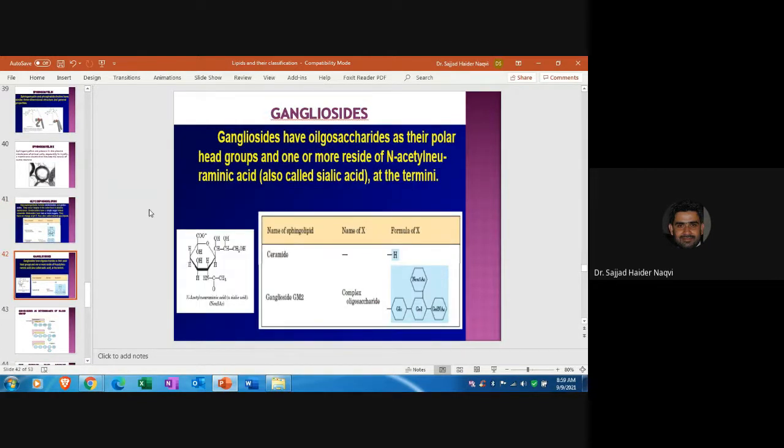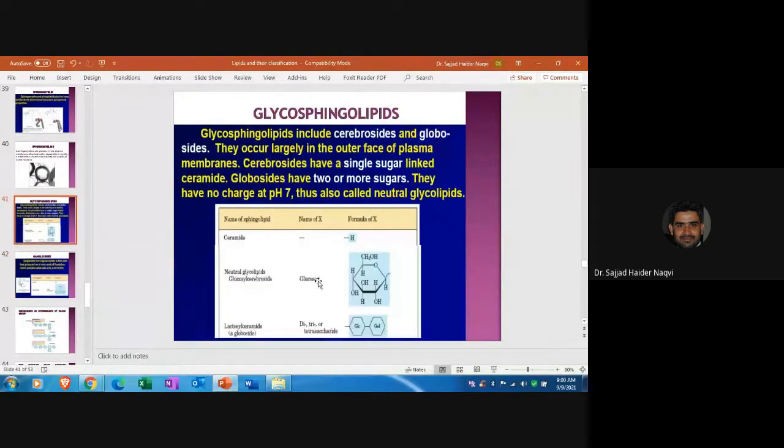Then we have another example of structural lipids, which are called gangliosides. They are also a very important molecule when it comes to the nervous tissues. Gangliosides, they have the sugar moiety, but that sugar moiety is an oligosaccharide. So if you go back here, you have got either one sugar moiety, which is being called as cerebroside. You have got two or more than two sugar moiety, that is being called as globoside.